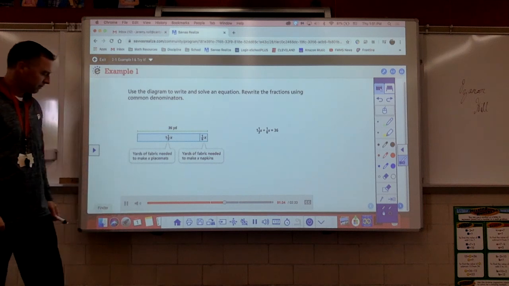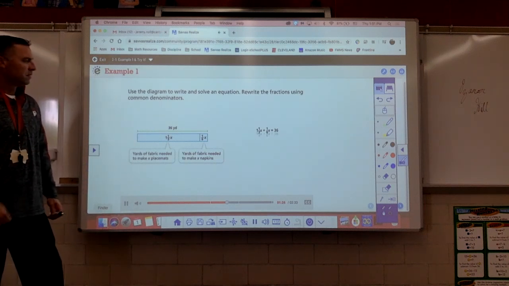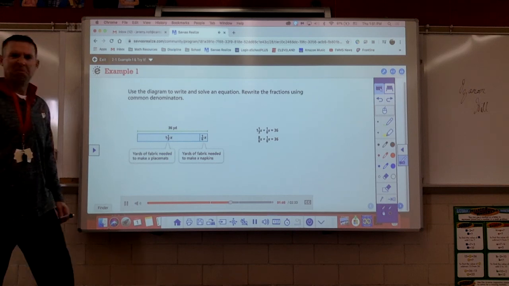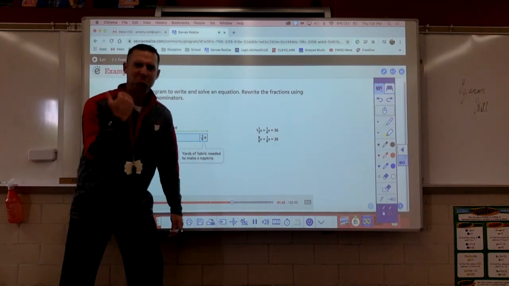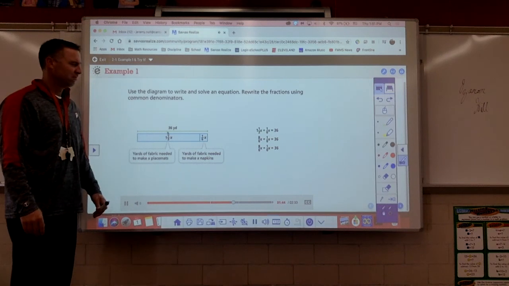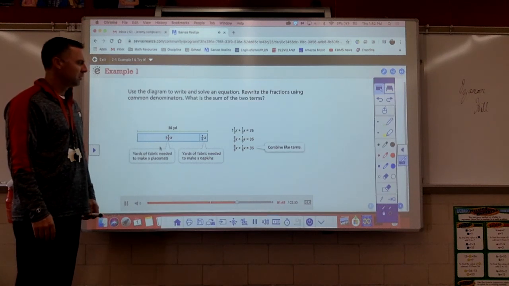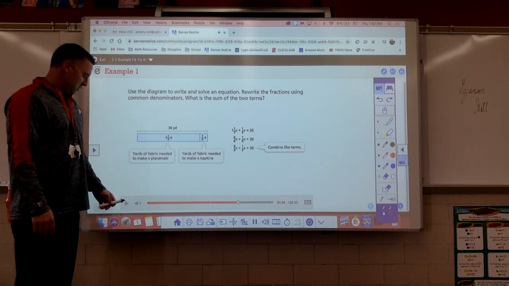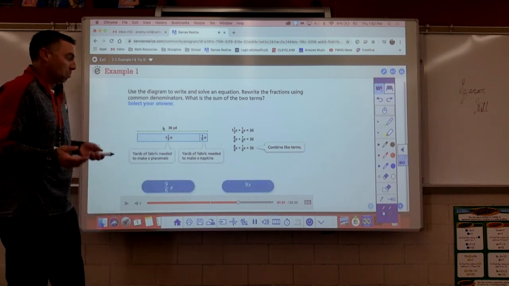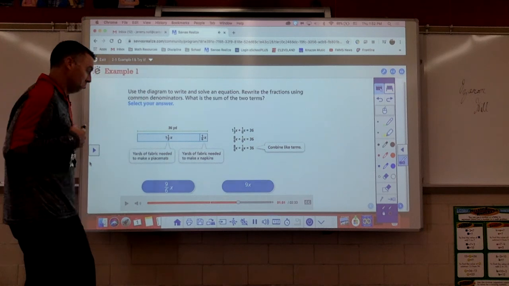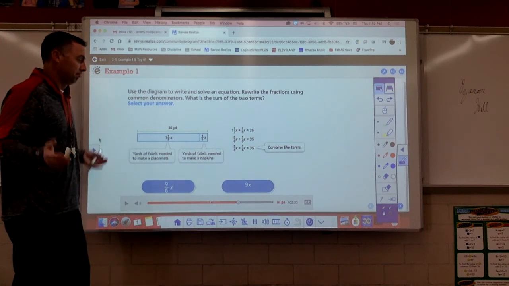You bet. Convert to like fractions. 8/6 x plus 1/6 x is equal to 36. Because the two terms are like terms, we can combine them. What is the sum of the two terms on the left side of the equation? Select your answer. What is 8/6 plus 1/6?